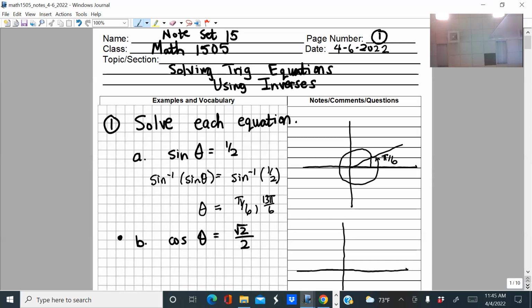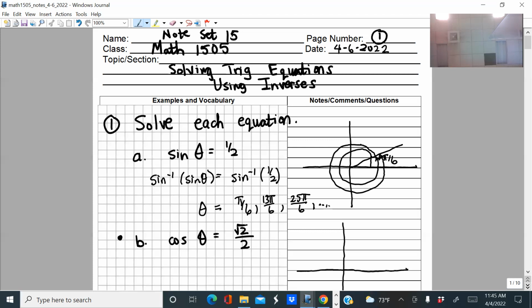If you added on another revolution, you would still get a solution to this equation. What is that? 25 pi over 6? Yeah, right. And obviously you can keep doing this indefinitely, just adding revolutions, and you'll still get a solution to the equation.